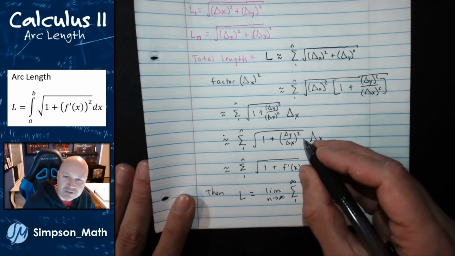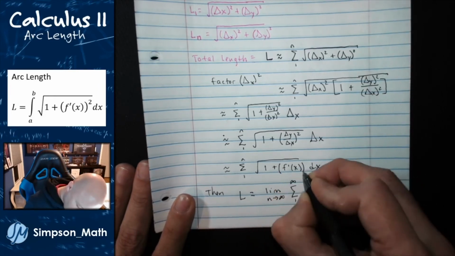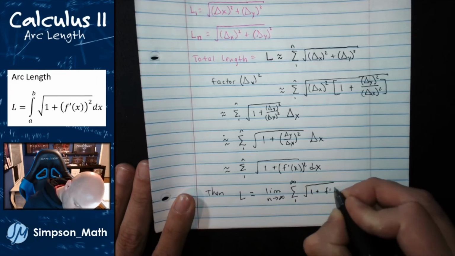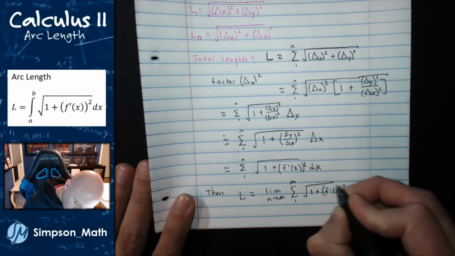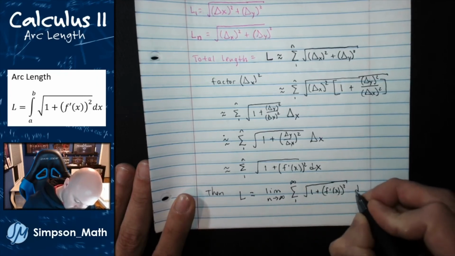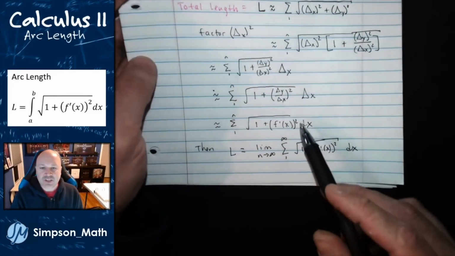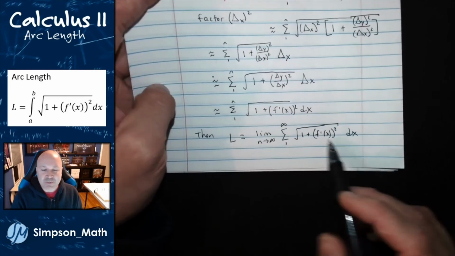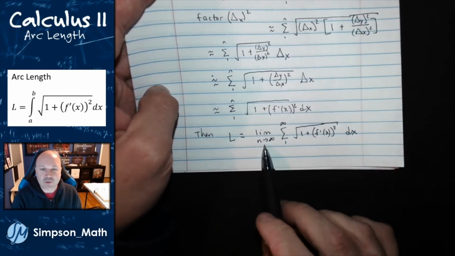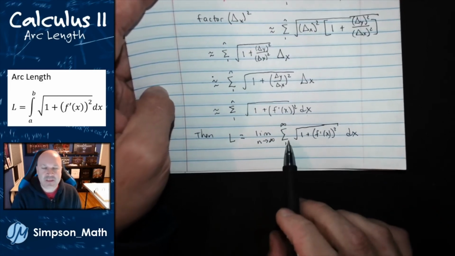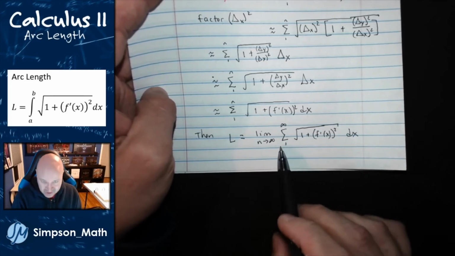Oops, left off a square here. Change in x, it's really just a delta x, but right now I'm about to acknowledge that when we limit a sum, this is integration.